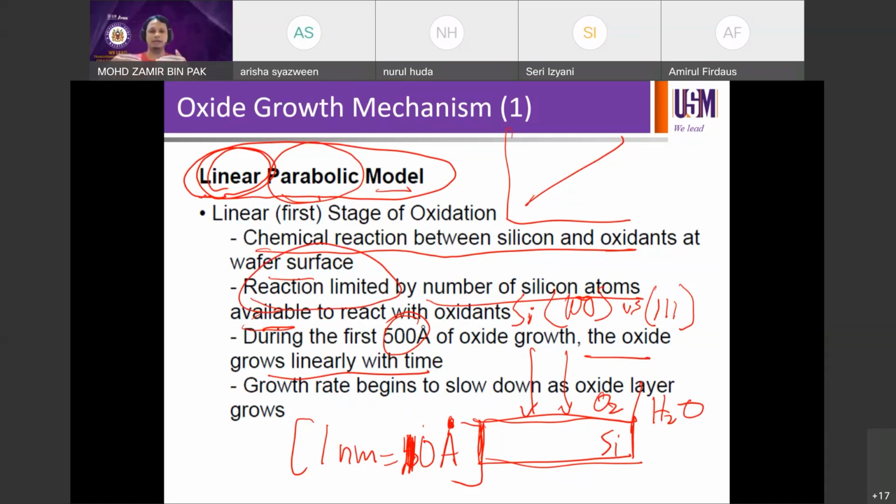So when you have more and more oxide, a thicker and thicker silicon dioxide covering the silicon, does the oxidant get to see more silicon atoms available? More or less? When you have thicker oxide over time, with the oxidant coming in at the same time, does the oxidant see more silicon atoms or fewer?